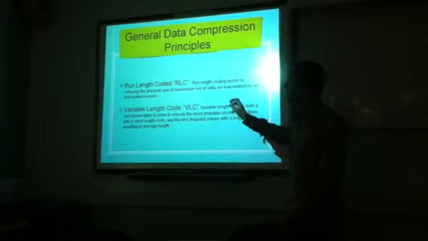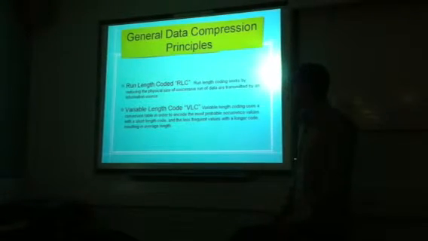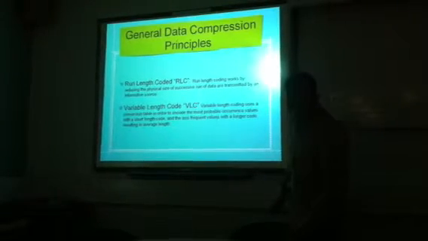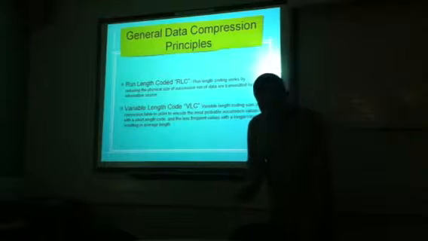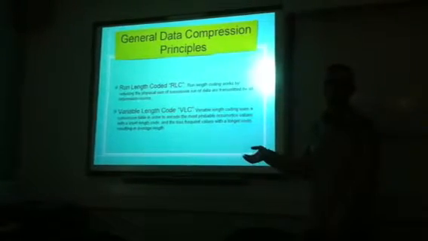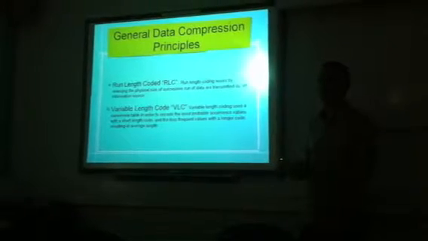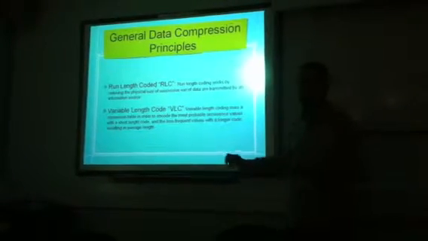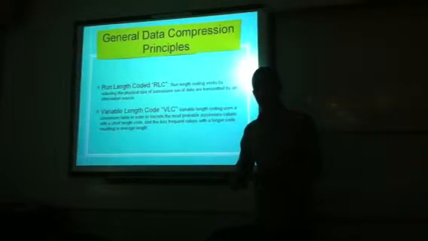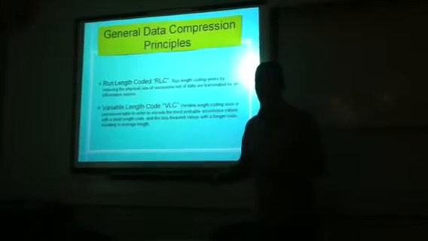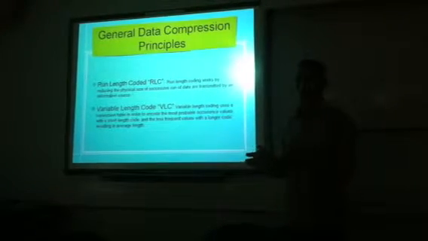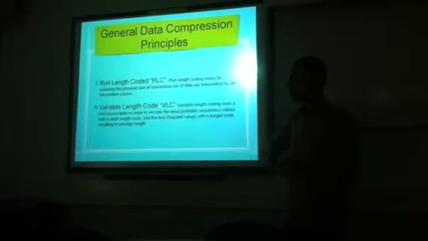The first one is called run length code. Run length code basically works by reducing the physical size of successive runs of data to be transmitted. In other words, if you have an information source sending a long series of identical elements, you could use RLC to send the code of these elements instead of sending the whole series.